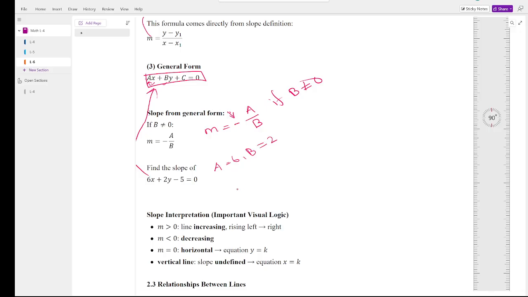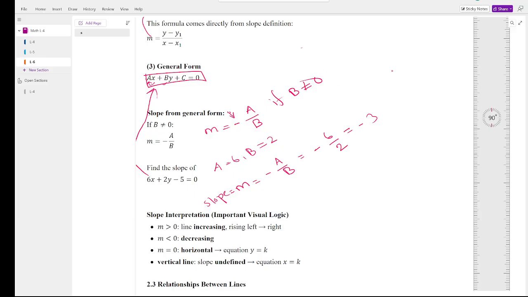So the slope is m equal to minus a divided by b. Minus 6 by 2. The slope is minus 3.